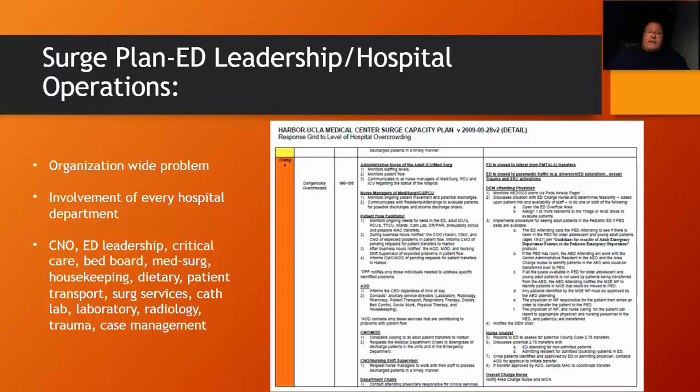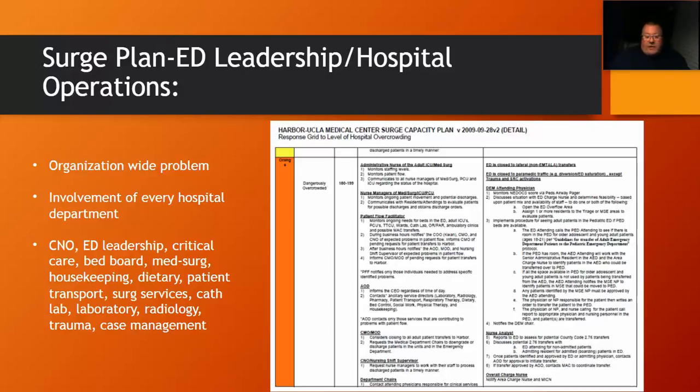ED leadership and hospital operations would have to develop surge plans. Surge plans are basically protocols outlining the steps that they would take when they are in different overcrowding situations. For instance, this one is in a dangerously overcrowded state, which is indicated by orange, and a surge plan defines all the steps from the different areas within the hospital.